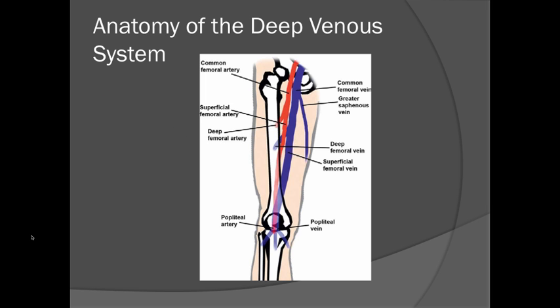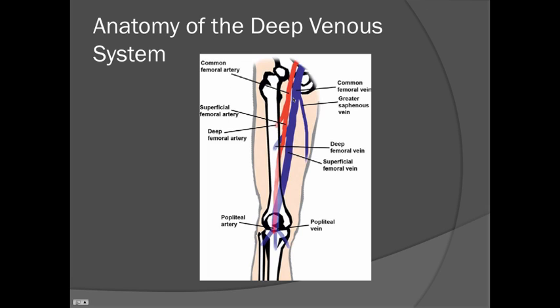So here we're going to take a look at the anatomy of the deep venous system. We'll just quickly do a little review here. So you'd have your IVC up here, which isn't pictured, and then the IVC will come down and split into the iliac veins, and then the iliac will continue as the common femoral vein once it crosses over the inguinal ligament there.